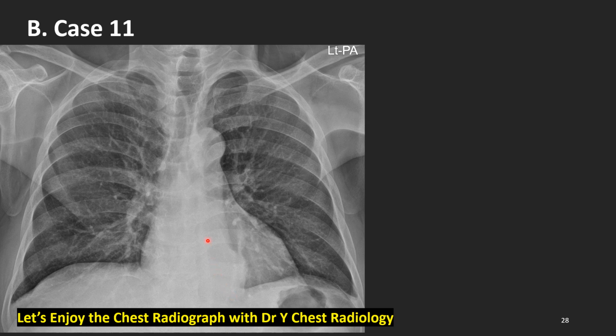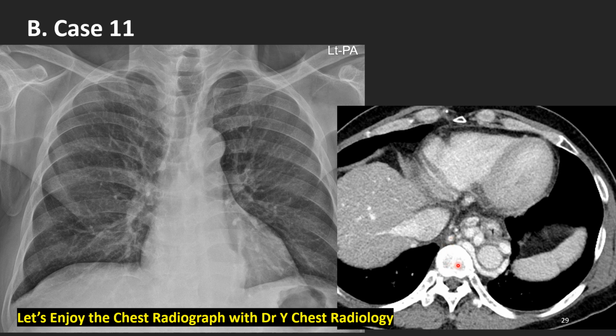Yes, we see the normal paraspinal stripe. This means this pathology is not in the paravertebral compartment. This is a para-aortic lesion. What is this?